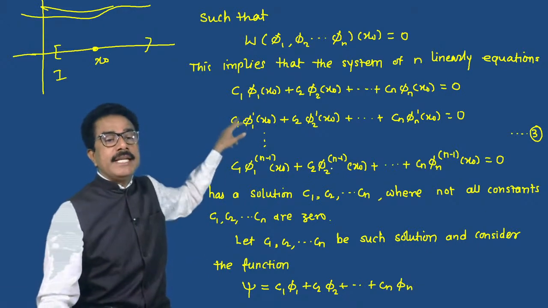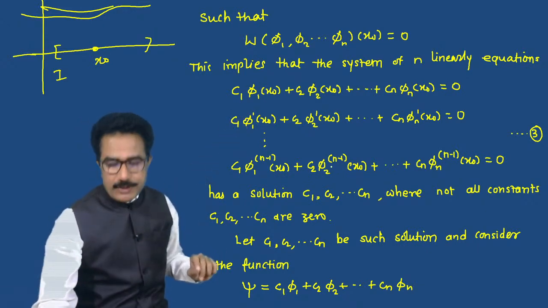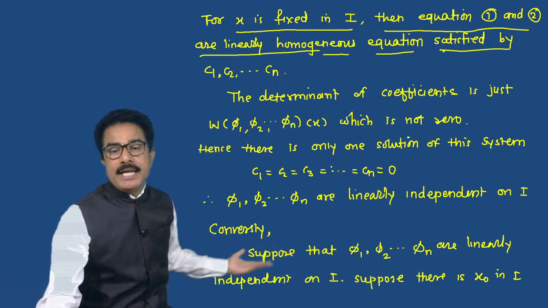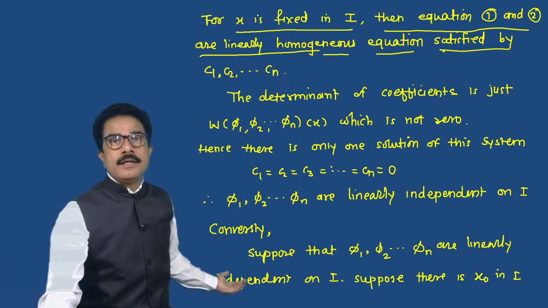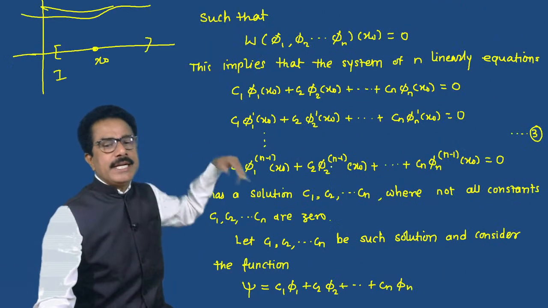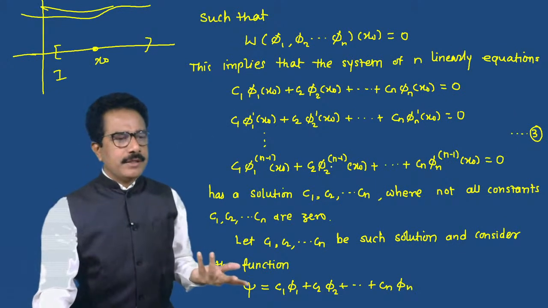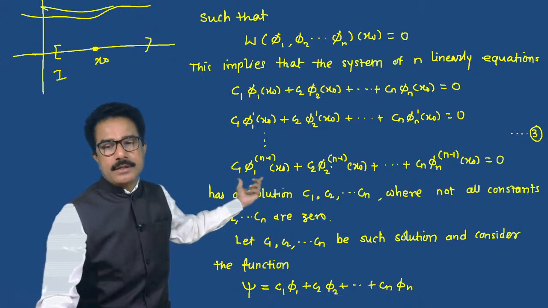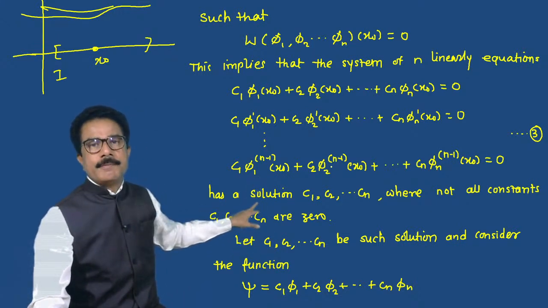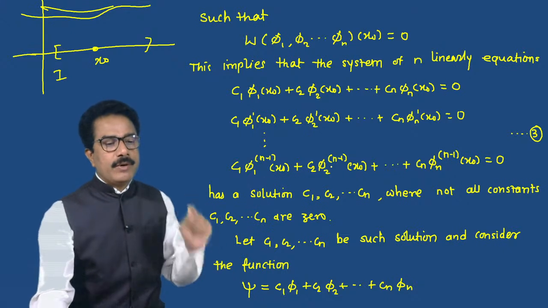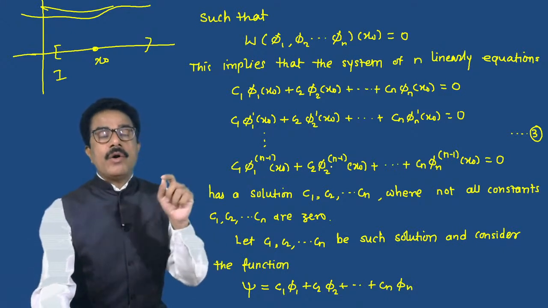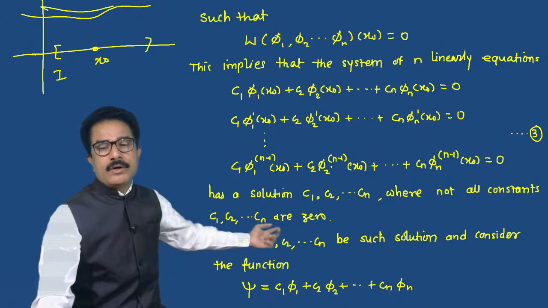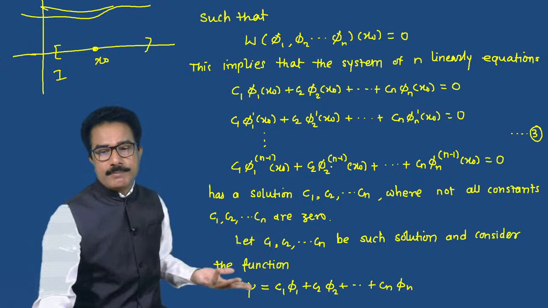These are the n linearly independent solutions, because we have supposed that phi 1, phi 2, phi 3 are linearly independent solutions. So it has also a linearly independent solution at the point x naught. So we get the system of linearly independent equations, and that has a solution. Definitely it has a solution c1, c2, dot dot cn, where not all constants c1, c2, c3, dot dot dot cn are zeros.